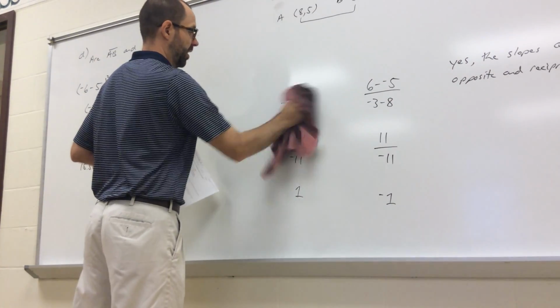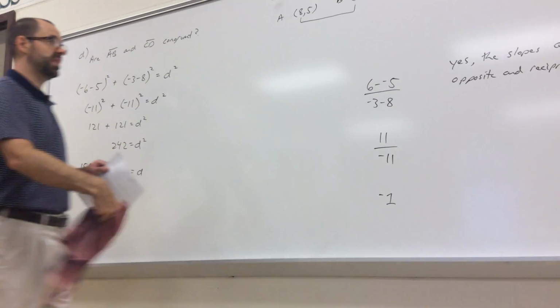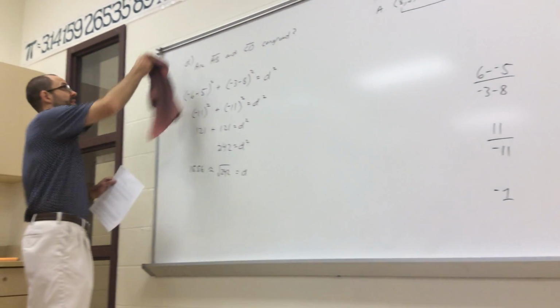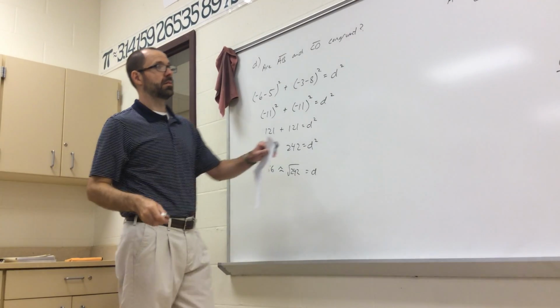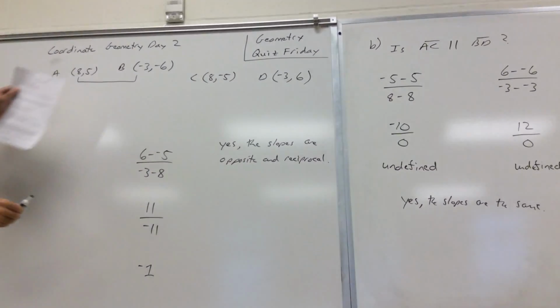Okay, so now we've just figured out the size of AB, now we've got to figure out the size of CD. So that's 6 minus negative 5.